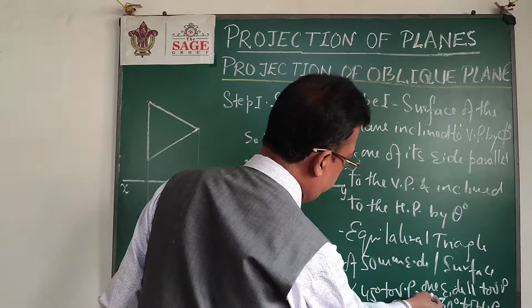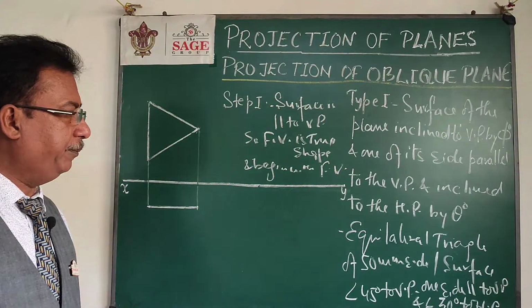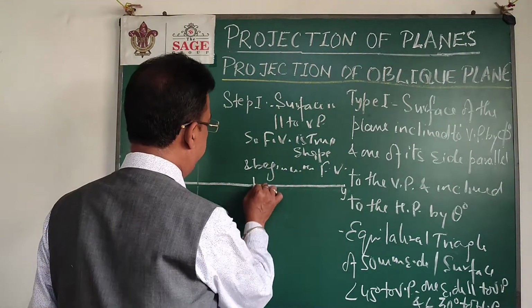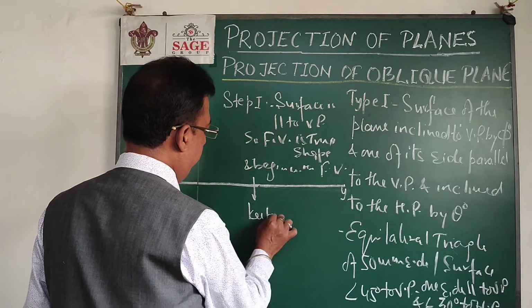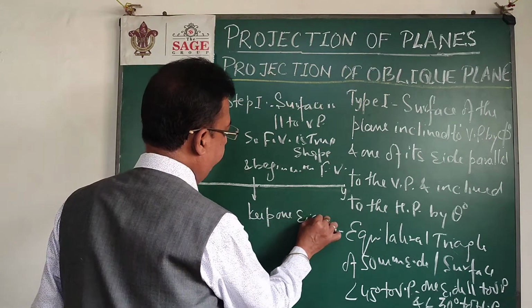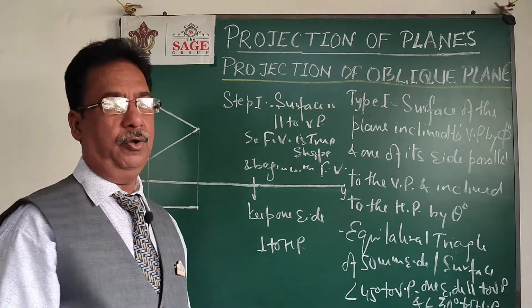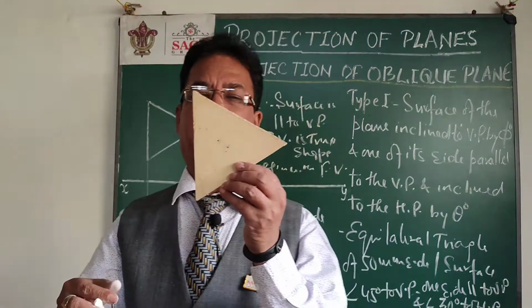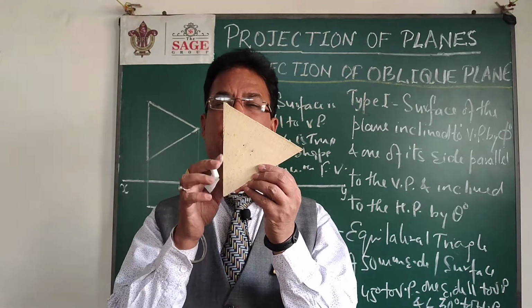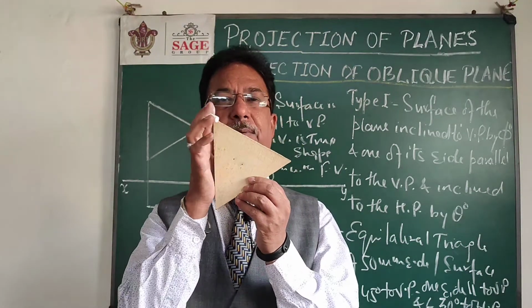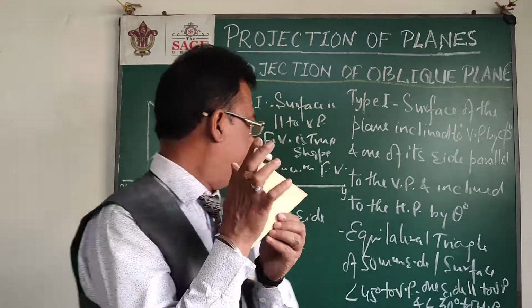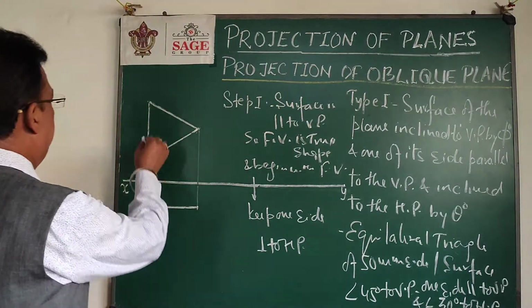Then one condition, as we want to keep one side parallel to VP, so keep one side perpendicular to HP. On that logic, I will start with this figure like this. I will hold it like this so that this side will be perpendicular to the HP. So initially I have drawn this figure.